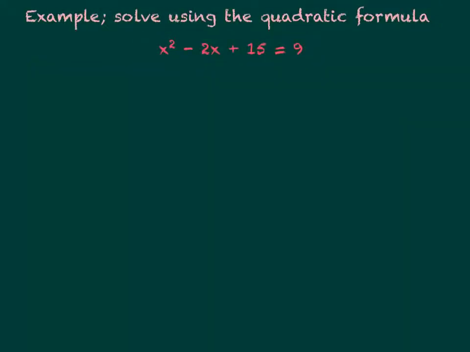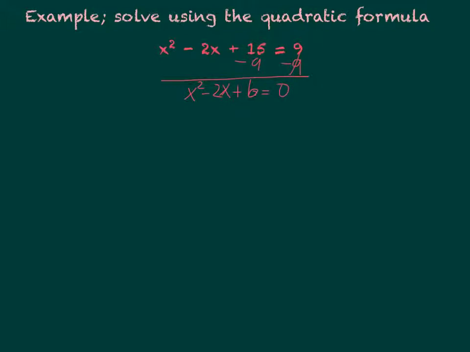So we're going to do an example, solve using the quadratic formula. The first thing we have to do is get it set equal to 0, so minus 9, that gives me x squared minus 2x plus 6 equals 0, and now I can put it into my quadratic formula.